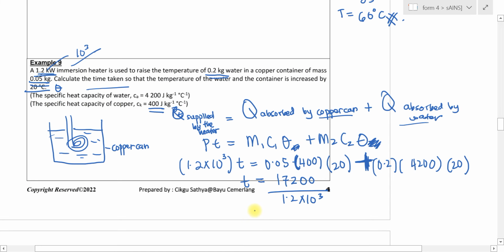So you get 14,333, so 14.333. I get that one. Okay, wait, 17,200 divided by 1.2 times 10 to the power of 3 is 14.33. Yeah, correct. 14.33 seconds. Is the answer correct?